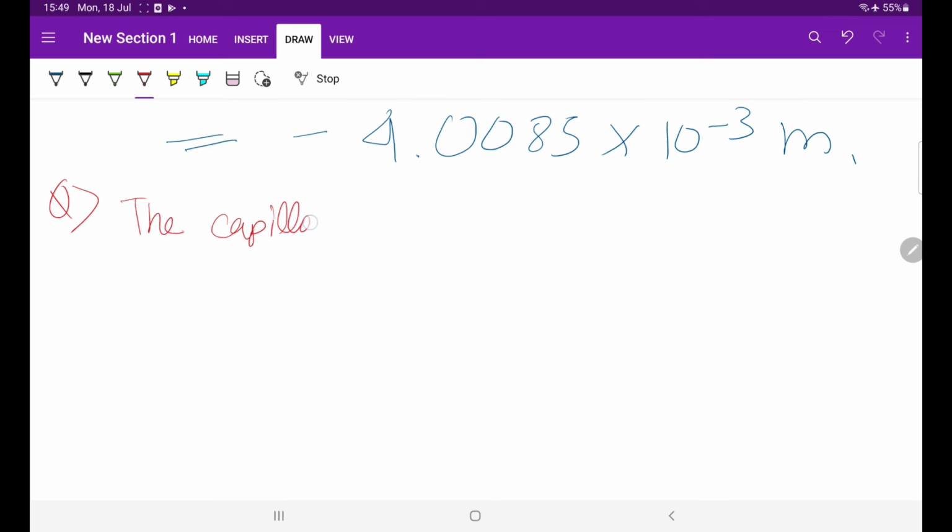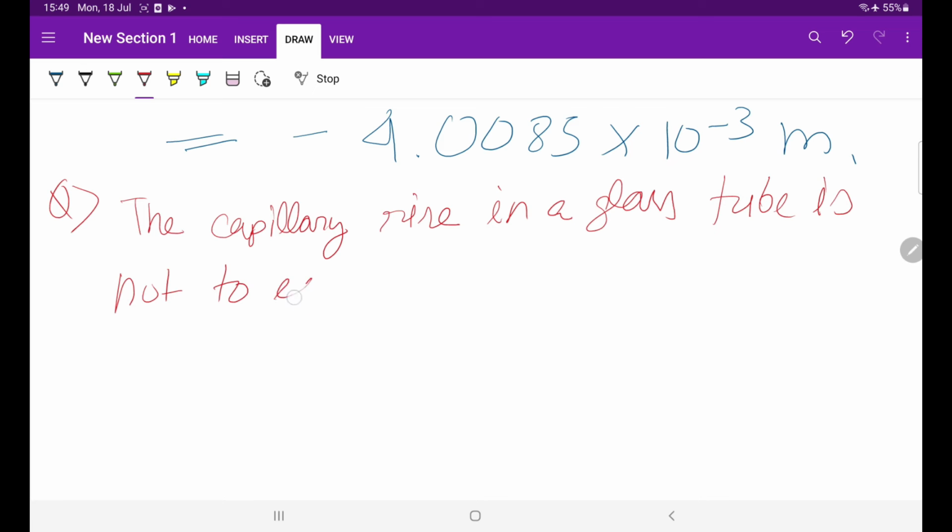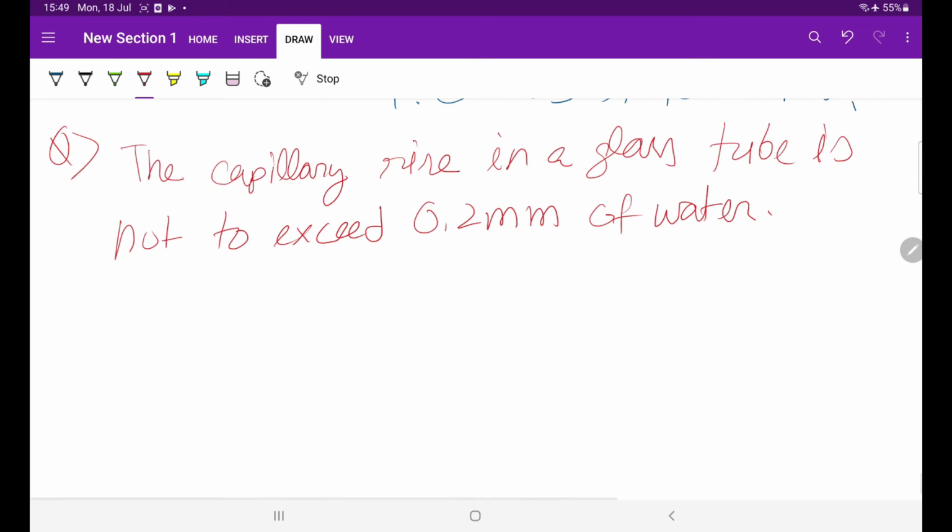So write down the question. The capillary rise in a glass tube is not to exceed 0.2 mm of water.